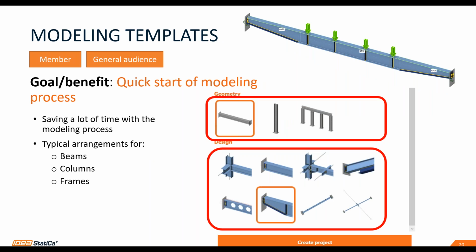This is probably related much more to the first slide for Member, like increasing the speed of modeling. Modeling templates for Member app, that's something that can save you a lot of time. We have added options for beams, for columns, for frames. Some typical situations are pre-modeled for you, and you don't need to go from scratch to model everything.